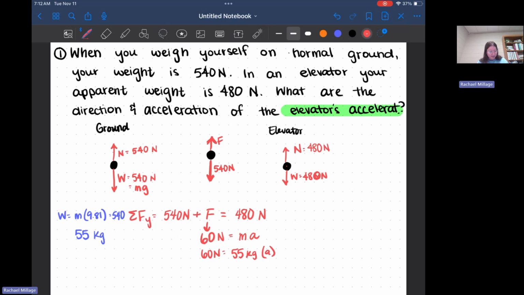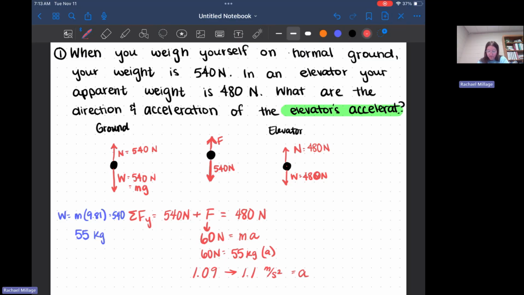I can then divide both sides by 55 kilograms. And when I divide 60 divided by 55, I get 1.09. And to make this fit my sig figs, I'm going to do 1.1. Units for acceleration are going to be meters per second squared, right? Is my acceleration.